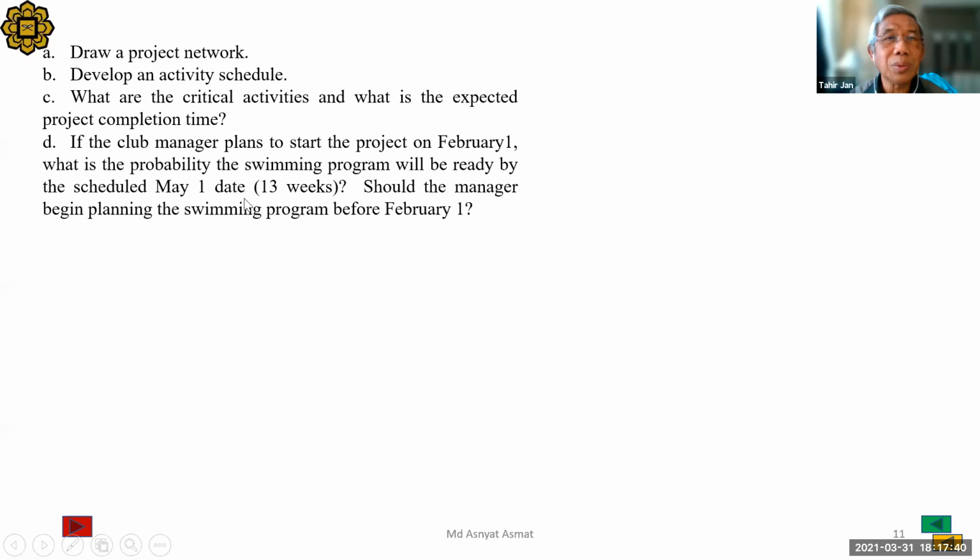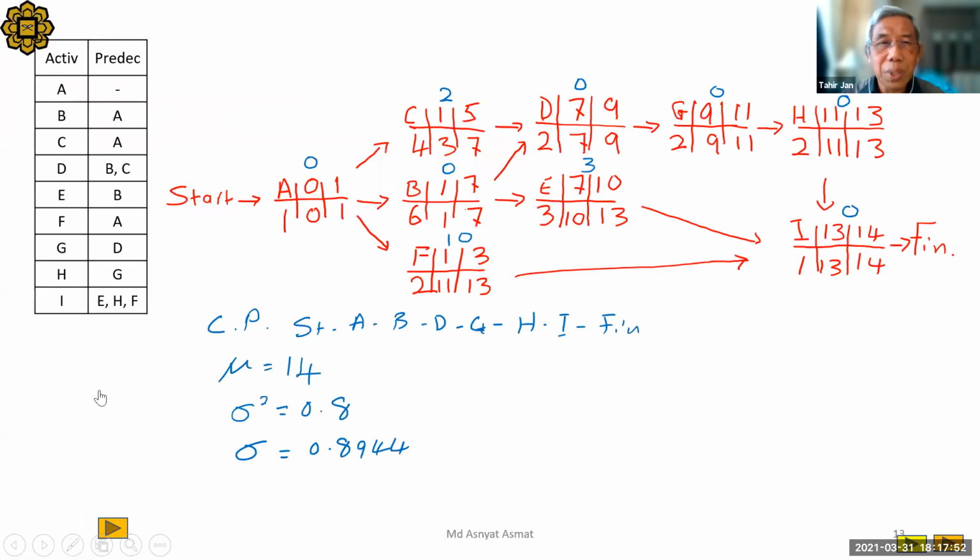So now we want to know, what's the probability of completing the project in 13 weeks? P(complete in 13 weeks), P(less than 13 weeks).